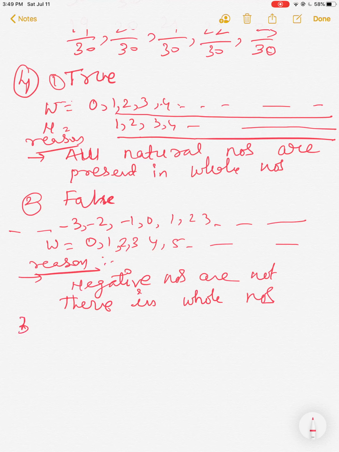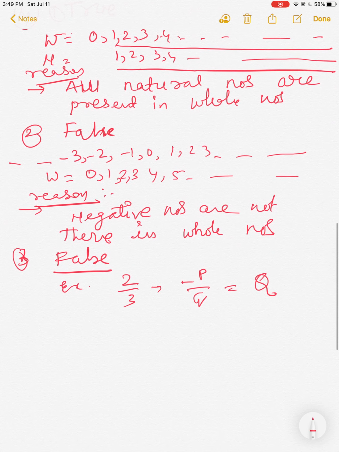And the third one: every rational number is a whole number. This is also false. Supposing we take an example, 2/3. It is a fraction, in p upon q form. That is why it is a rational number, but it is not a whole number.